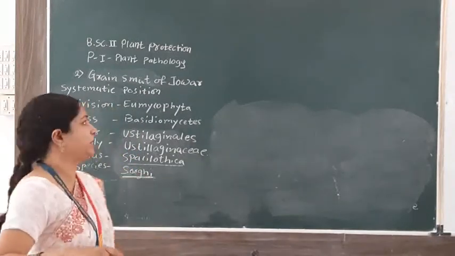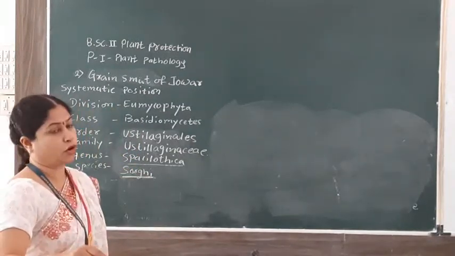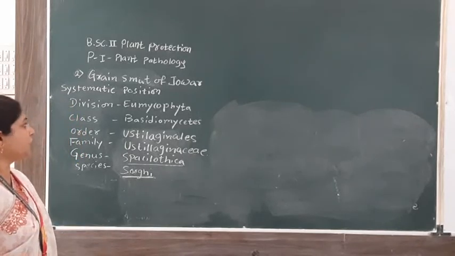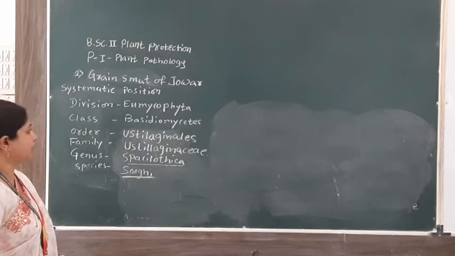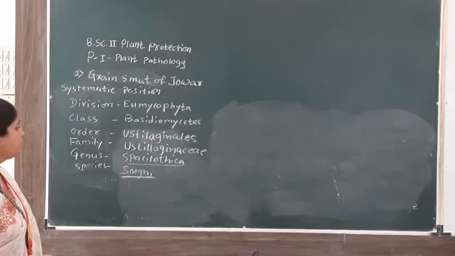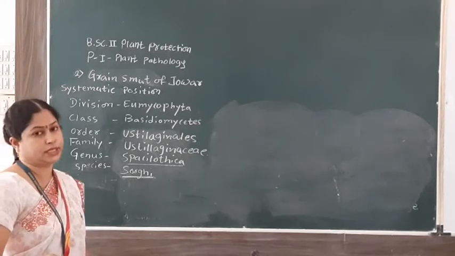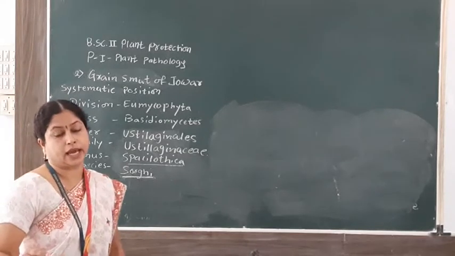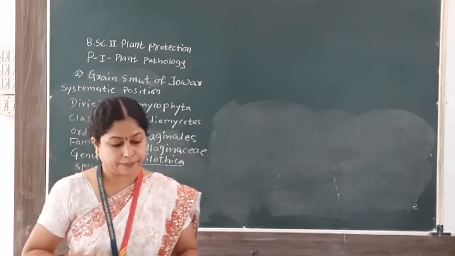This is the systematic position of grain smut of jowar. It belongs to division Eumycophyta, class Basidiomycetes, order Ustilaginales, family Ustilaginaceae, genus Sphacelotheca, and the species is sorghi.